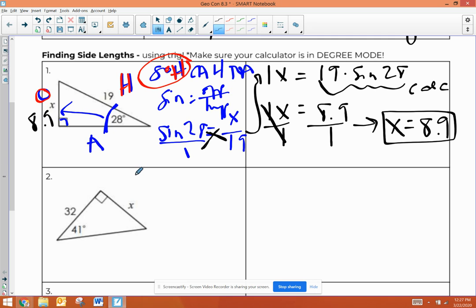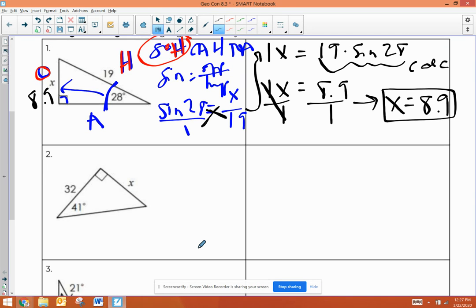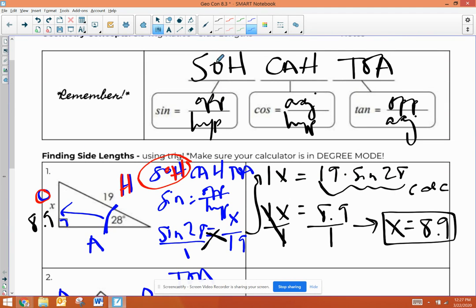Let's keep it going. Same idea. 41 is the angle that we're given. This is the opposite, and this is adjacent. Opposite, adjacent. So that's going to be TOA. If I'm not sure, I can scroll up.